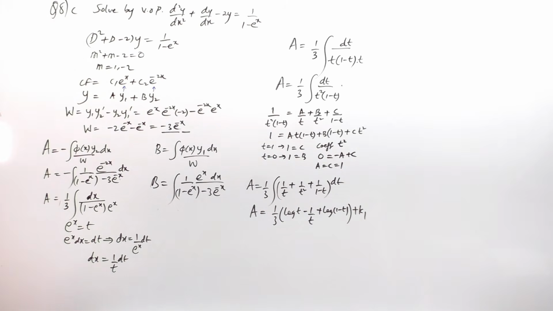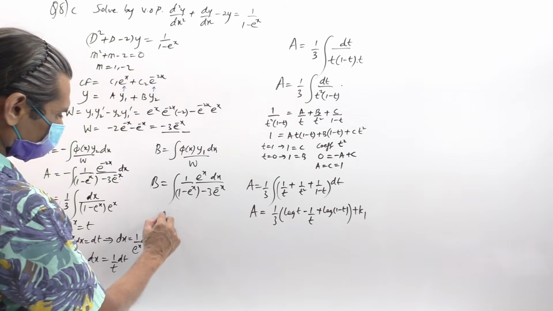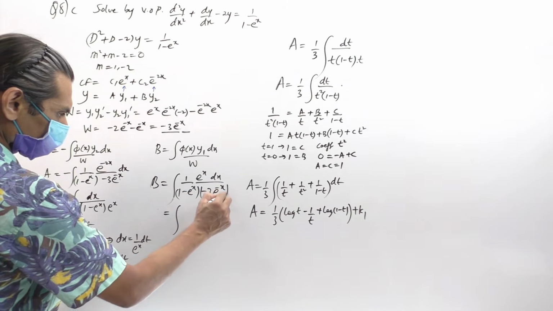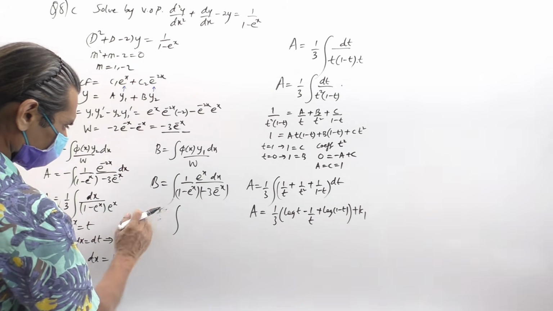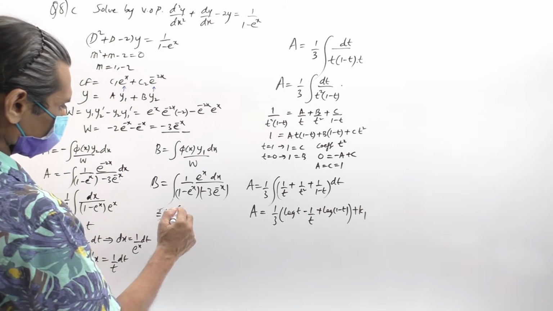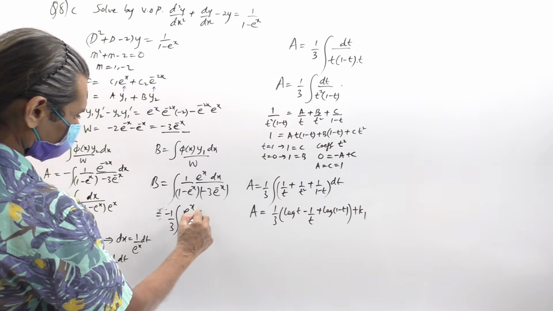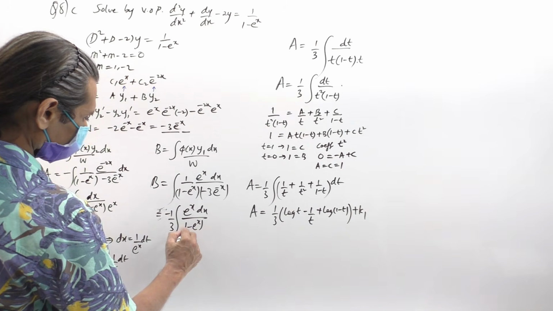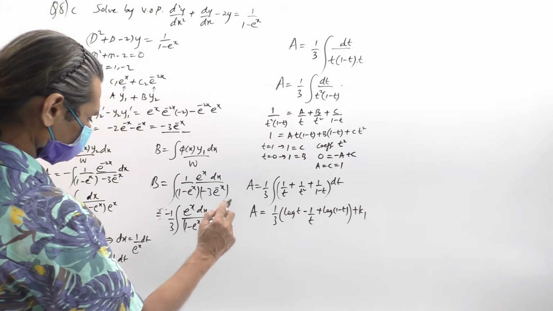Fine. I can take minus 1 by 3 outside, always take the constant outside first, and e raised to x dx divided by 1 minus e raised to x into e raised to minus x.